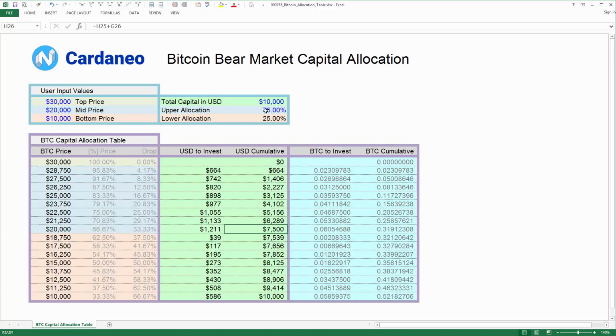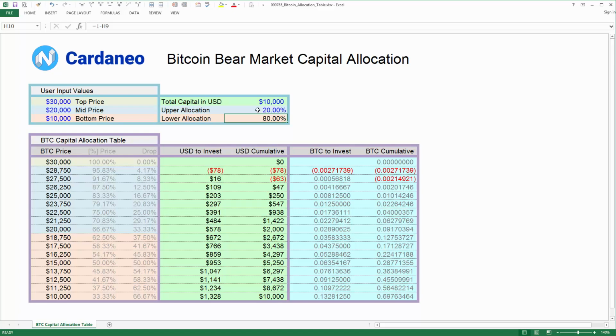Now, theoretically, you can change these percentages to any number you want, but if you go above 75%, then some of the negative numbers may appear in the table. So I do not suggest you go above 75 or below 25. So I would say the range for upper allocation should be anything between 25 and 75% of your total capital in US dollars.